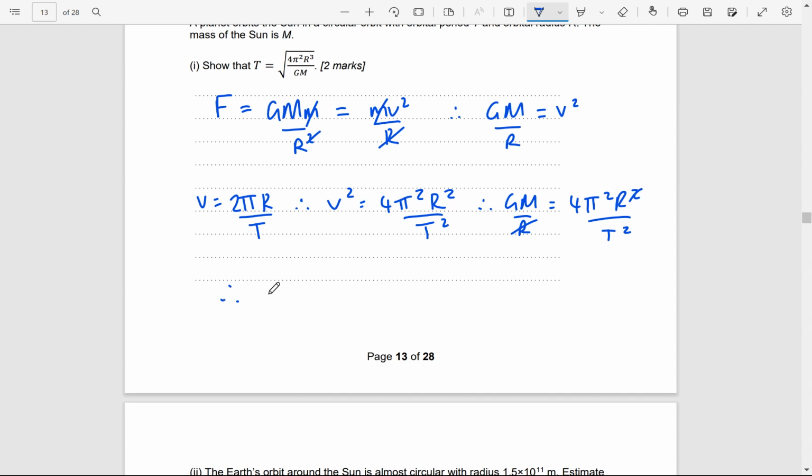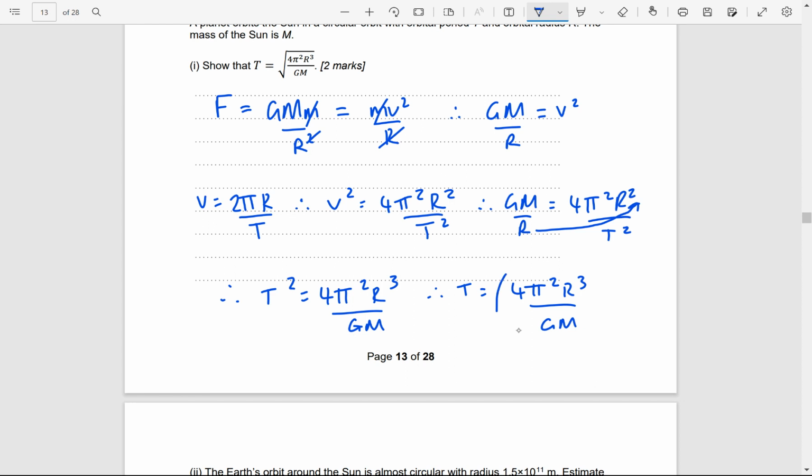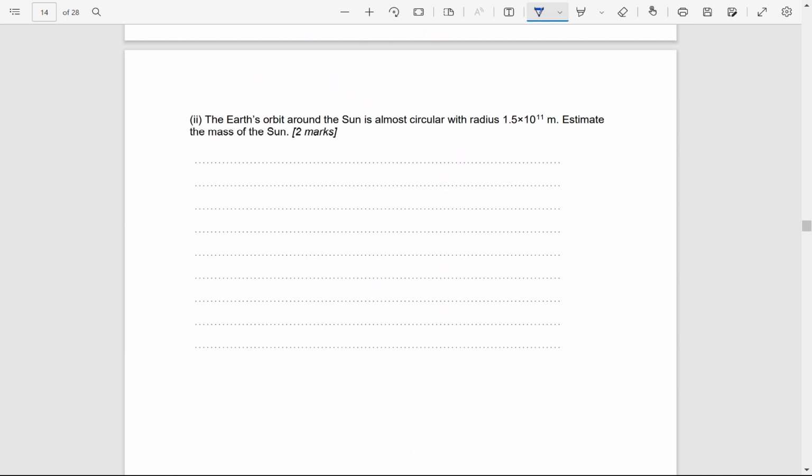No. And now I'm going to rearrange. Therefore, T equals the square root of 4 pi squared r cubed over GM.